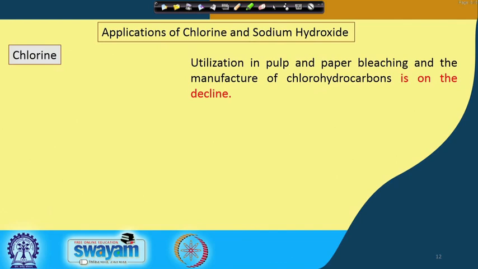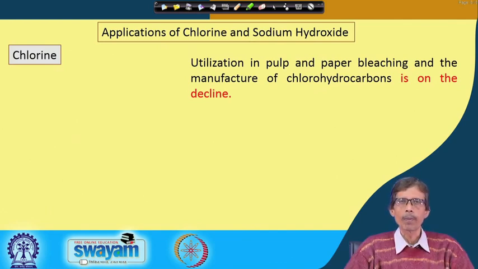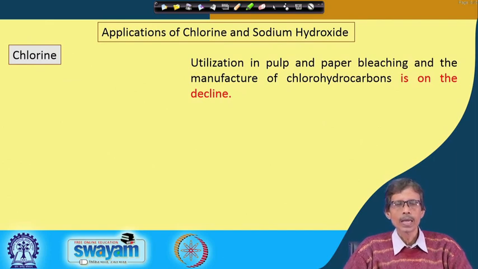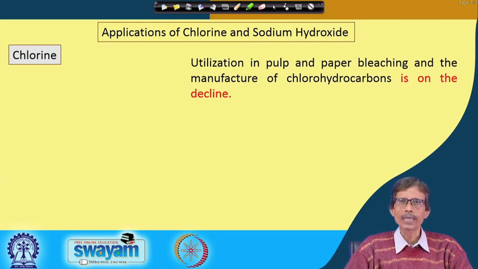So, it can bleach paper and pulp material, the bulk material for the production of pulp and paper. In paper bleaching cases, the pulp for making paper, it is very useful because it can whiten, basically a little bit of whitening of the starting material for making paper, and it is useful for the manufacture of the corresponding chlorohydrocarbons.